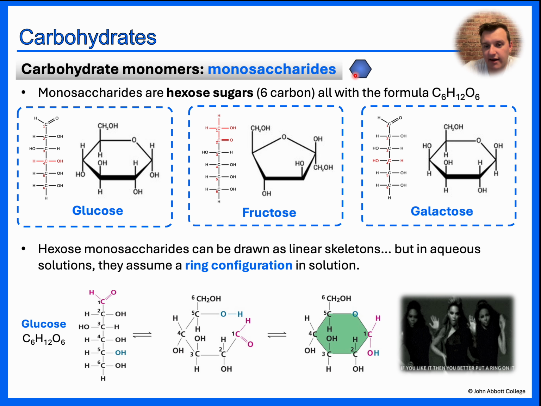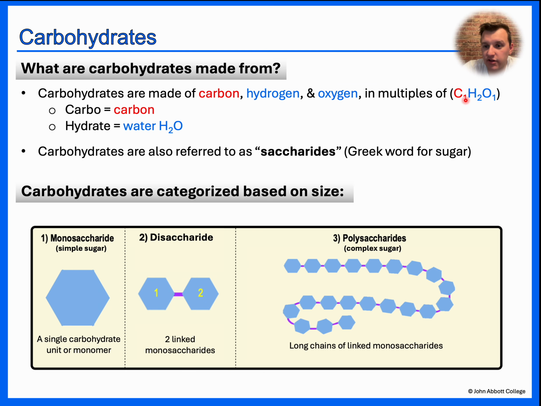Carbohydrate monomers are called monosaccharides. Mono, one, saccharide in Greek means sugar, right? Saccharin, maybe you've heard of. So monosaccharides are what we call a hexose sugar. They are 6 carbons, all with the formula C6H12O6, right? Remember I told you that the formula is C1H2O1? It could be any multiple of this.